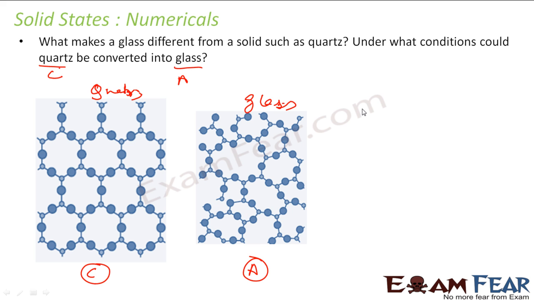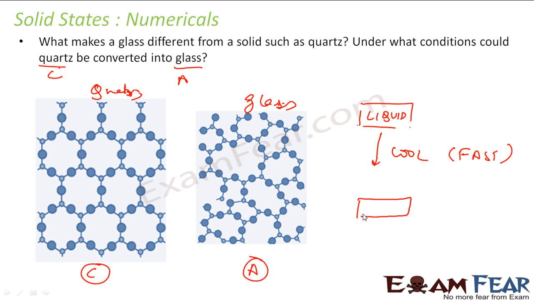But if you heat something to a molten state, the liquid state, and you cool it immediately, cool fast, what you get is a solid. In this case the constituent particles solidify, but they won't get time to rearrange in the best way.